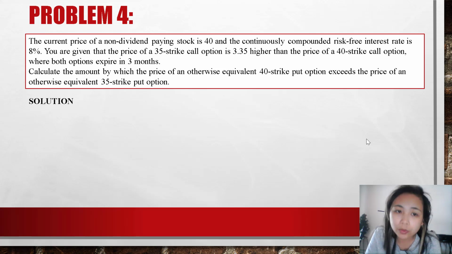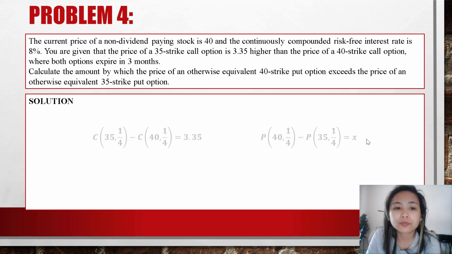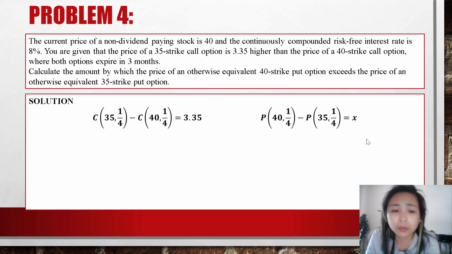So in this question, we are given a non-dividend paying stock, so delta is equal to 0. The current stock price is 40, S0 is equal to 40. r is 8%. If we consider 2 call options with the same duration, 3 months, but different strike, then the price is different by 3.35, which means C(35,1/4) minus C(40,1/4) is 3.35.